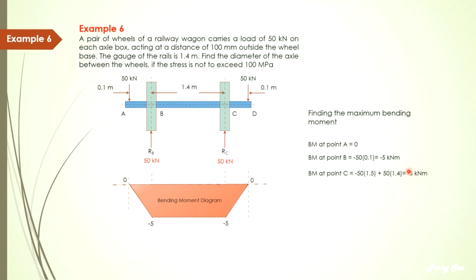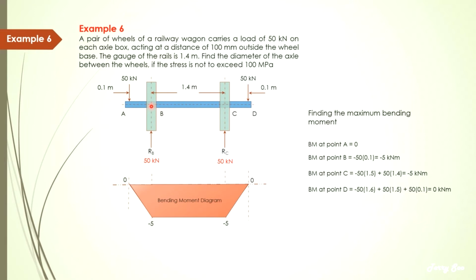As I have said, you can omit the sign here because sign conventions only show you opposite directions. We have only one, the negative, so you can ignore that. Bending moment at D: you have 50 multiplied by 1.6, which is acting downwards, so that is why it's negative.